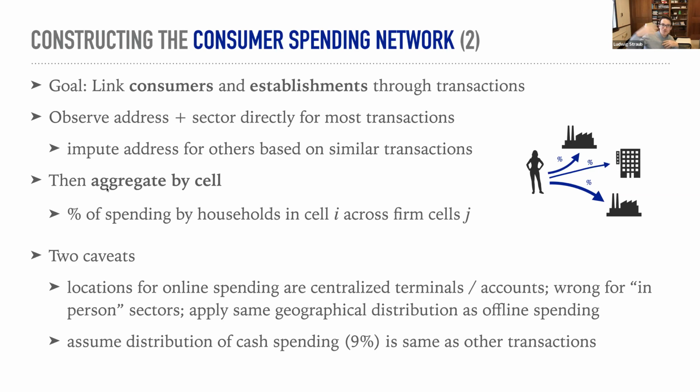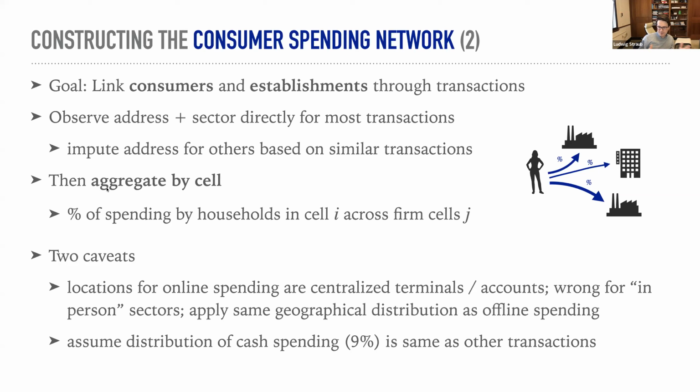For example, if you buy a movie ticket online, that might be booked at the headquarters of the company, AMC or whatever, in New York, in this case in Copenhagen, but it might not be booked at the location where you actually go and see the movie. For those sectors, we reallocate the spending to where you usually go and see your movies rather than sending that money to the headquarters. And the second caveat is obviously we don't see where cash is going. We see cash withdrawals. We know that's about 9% of overall spending.